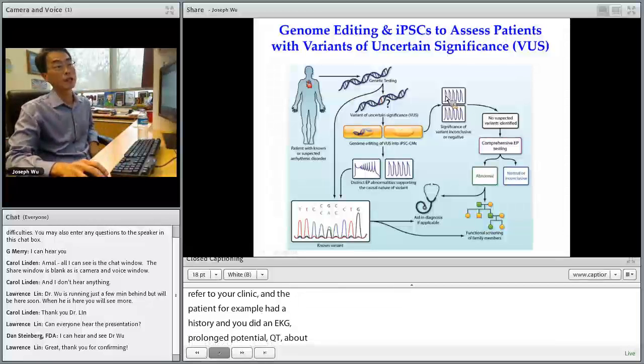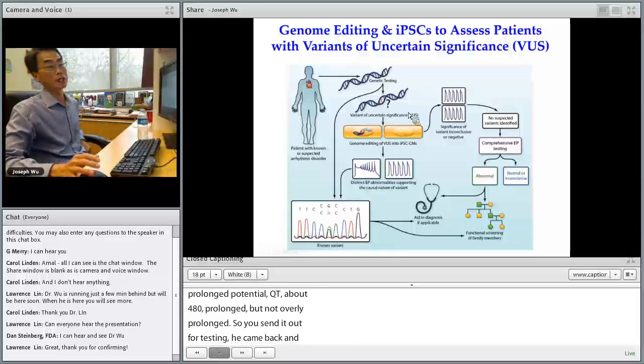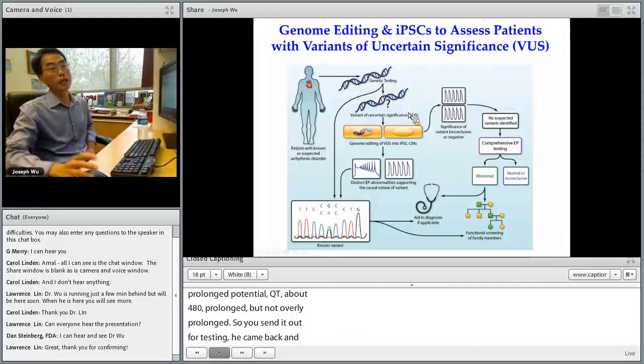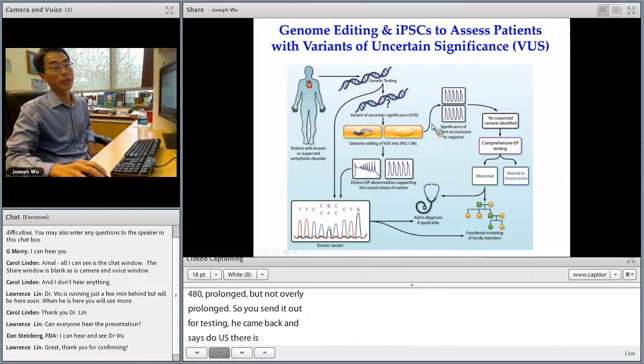And so you send it out for GeneDx testing. It came back as a VUS, a variant of uncertain significance. So in this case, you're kind of stuck, in the sense that you don't know exactly what to do with the patient. You'll probably ask the patient to come back next year, the year after that, and do an EKG again, and ask the patient if he or she has passed out in the interim.